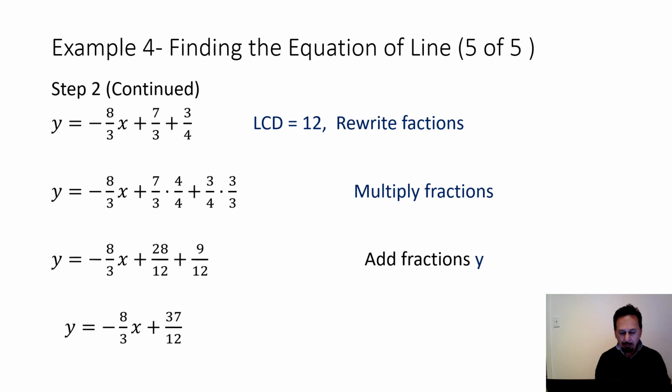We multiply the first fraction by 4 over 4, and the second fraction by 3 over 3. Now 7 times 4 is 28 over 12, and 3 times 3 is 9 over 12. Same denominator, so we can add the numerators: 28 plus 9 is 37 over 12, and copy everything. So I think that's the equation of the line we are looking for, and that's the slope intercept form.